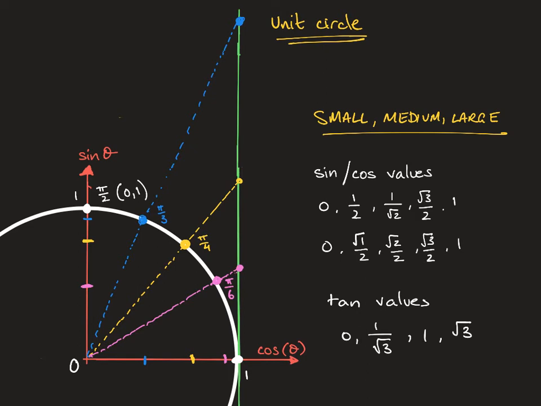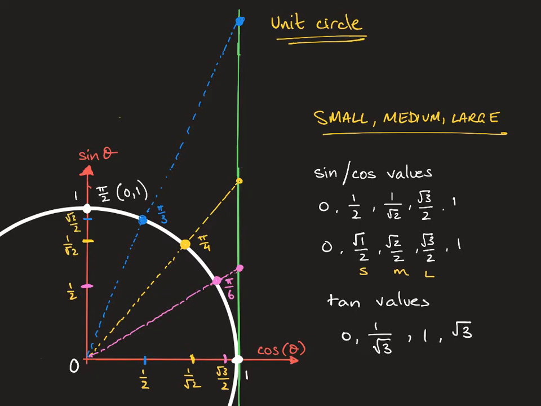So I label these as small value, medium value and large value, and they sit on the axes as small, medium and large for cos, and small, medium and large for sine.